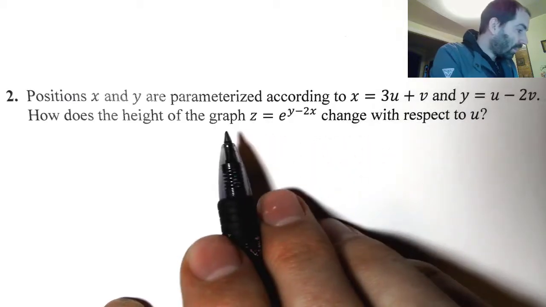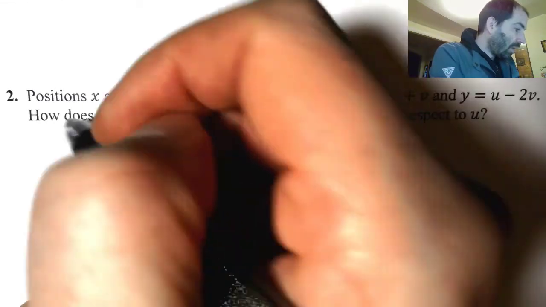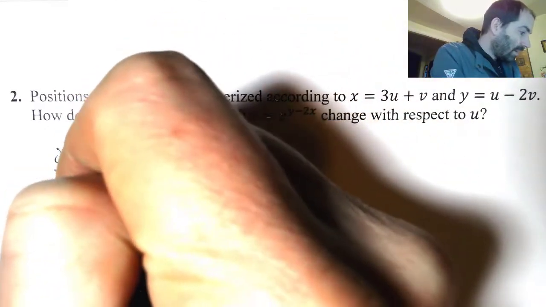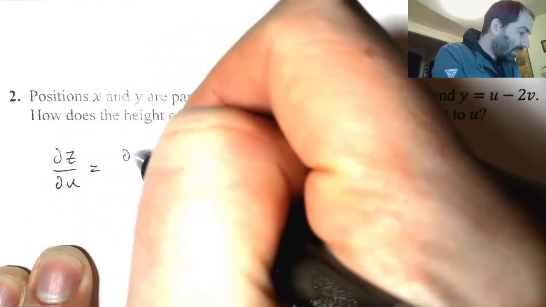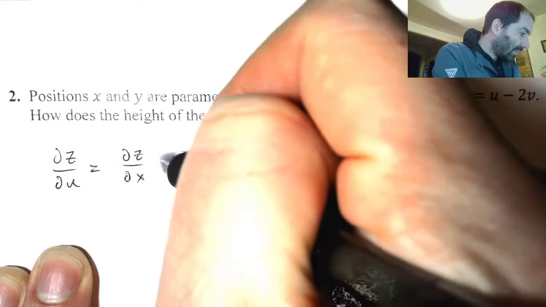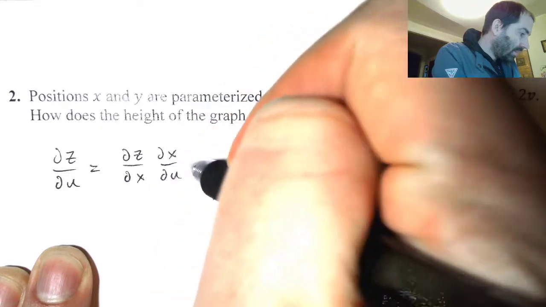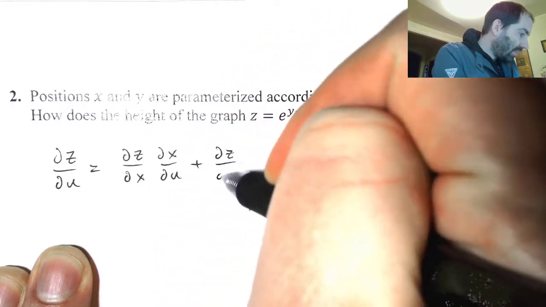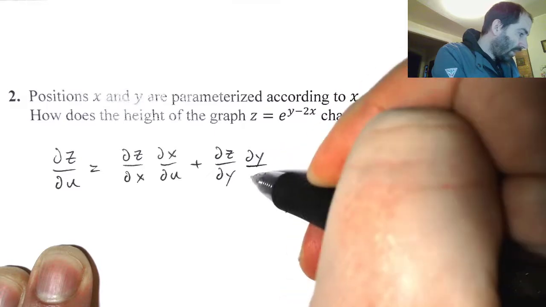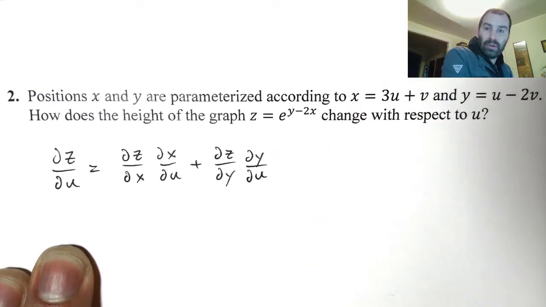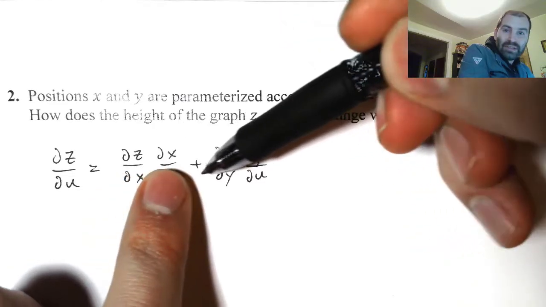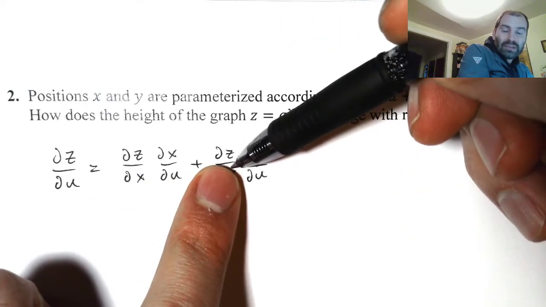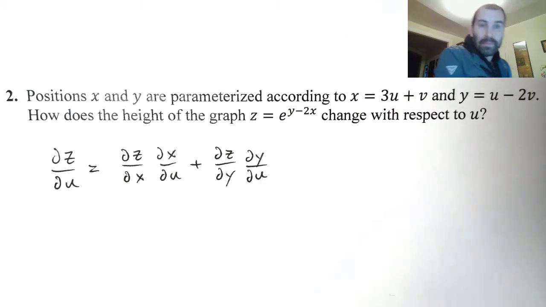If I want to find the rate of change of z with respect to u, I'm looking at dz/du. We know that dz/du is dz/dx times dx/du plus dz/dy times dy/du. That's the chain rule. Notice that if I were to pretend to cancel these, what I get on the right-hand side matches what's on the left, so I know I set it up right.